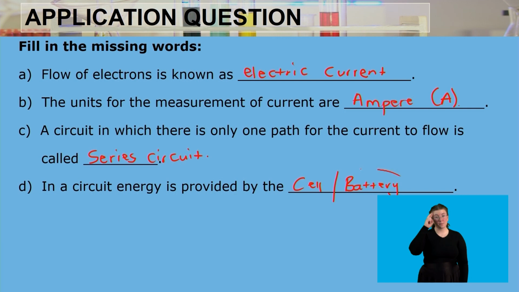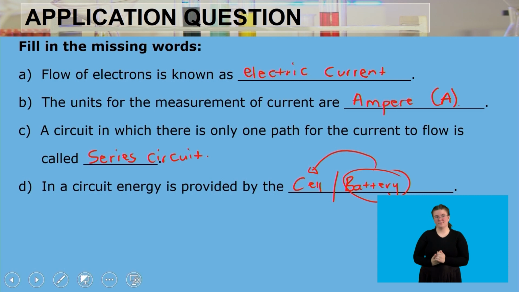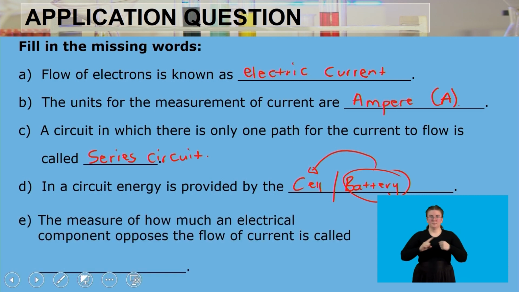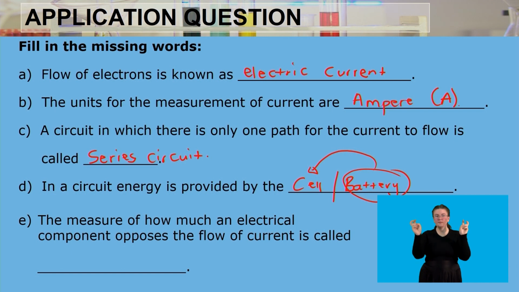Remember that a battery is a combination of more than one cell. So the cell can still provide energy to the circuit, or a battery can still provide energy to the circuit. Now, the last question says, the measure of how much an electrical component opposes the flow of current is called. So remember, what opposes the flow of current?